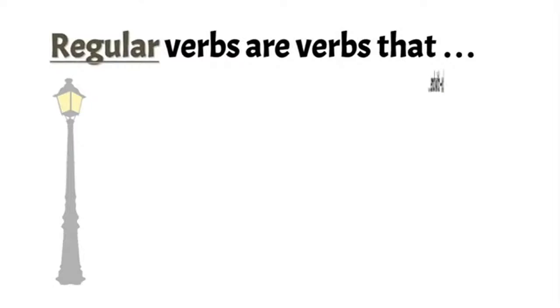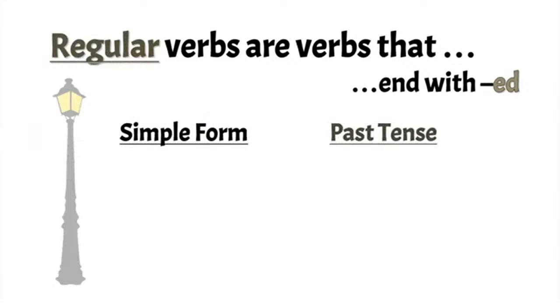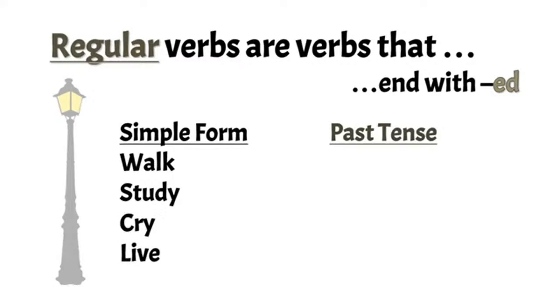Okay, let's go to the next slide. Regular verbs are verbs that end with ed, we said. So the simple form, like walk, study, cry, and live. Walk, walked. Study, studied. Pay attention: the y changes to i when you write the past tense.